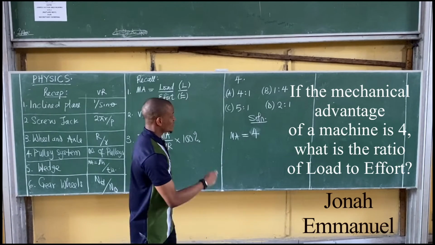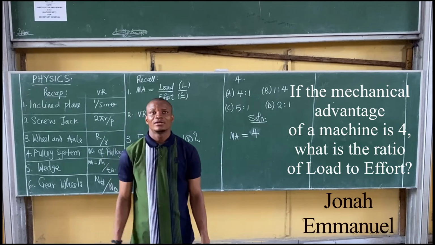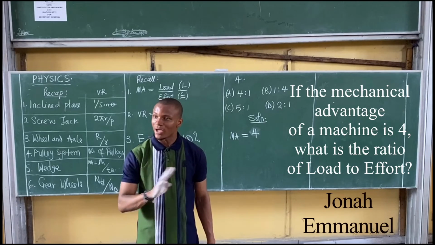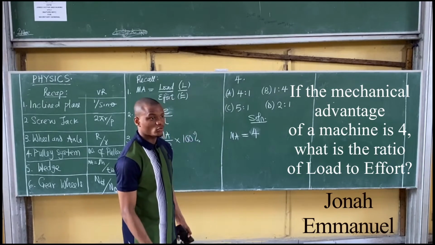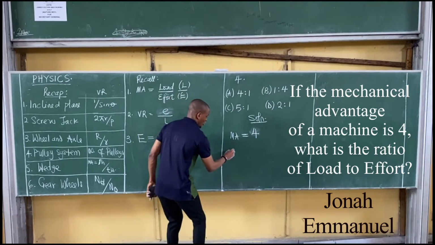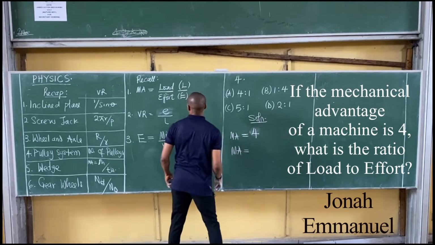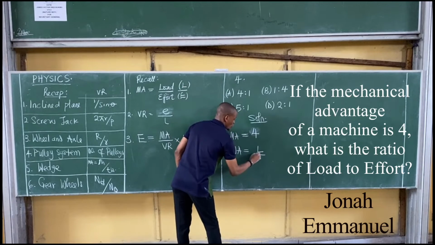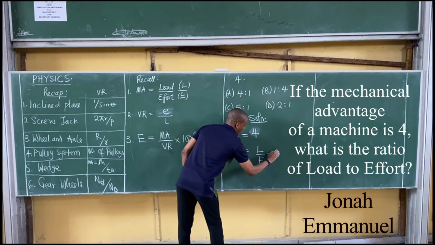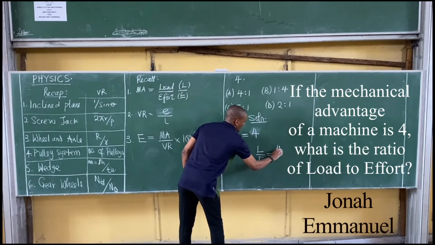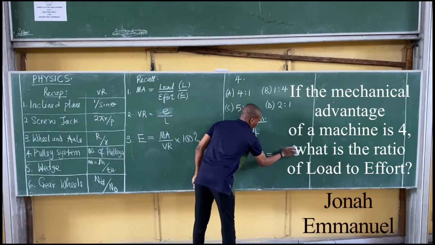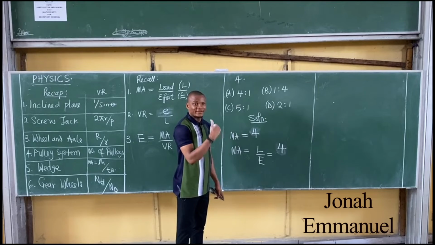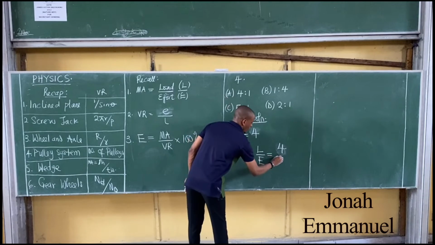In a case like this, what do you do? Just think. I'm given mechanical advantage as 4. They ask me the ratio of load to effort. How do I set that up? What do I know? We know that mechanical advantage, MA, is load over effort. So the ratio of load over effort is equal to what there? 4. For the fact that this one is a fraction, express 4 as a fraction. 4 becomes 4 over 1.